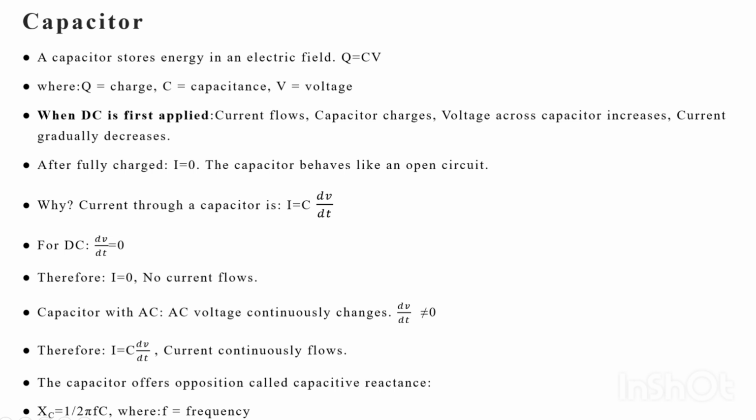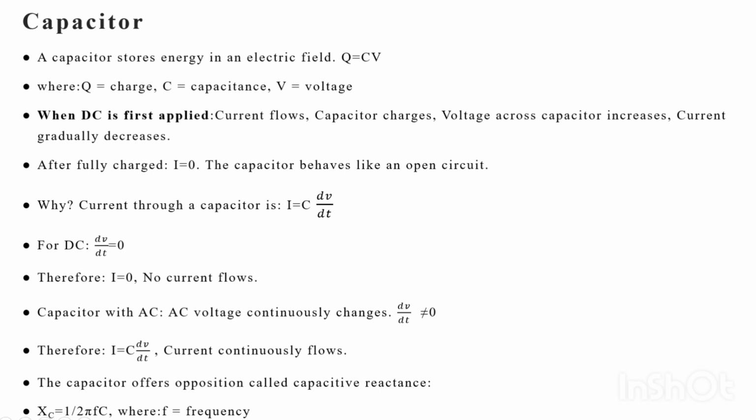I can also state this as: after the capacitor is fully charged, the value of current I will be equal to 0 and it behaves as an open circuit. But if I define it as an open circuit, I should know what is actually happening inside it, right? The reason why I go with I equal to 0 in the fully charged condition is, again, the equation of the capacitor.